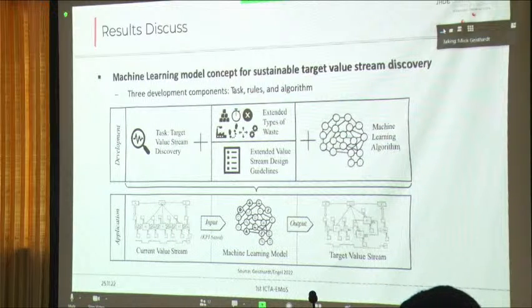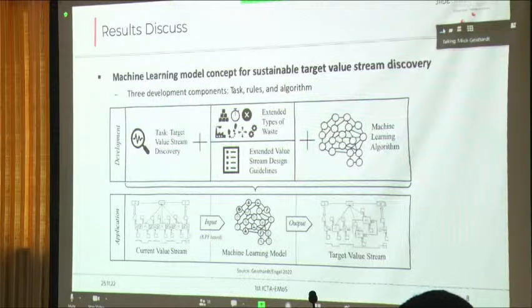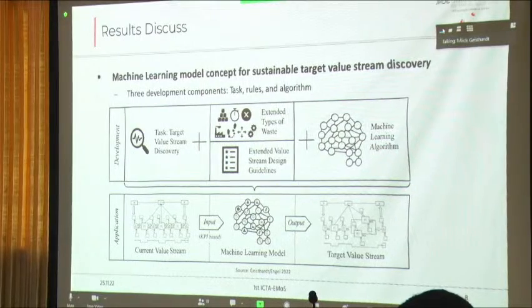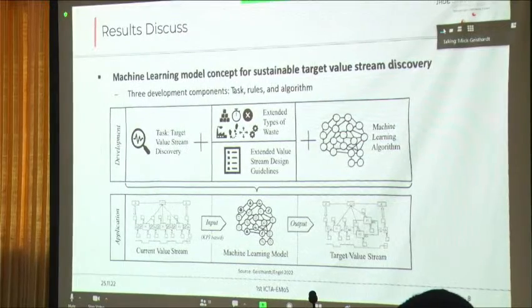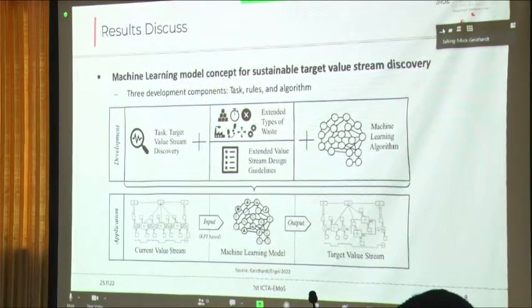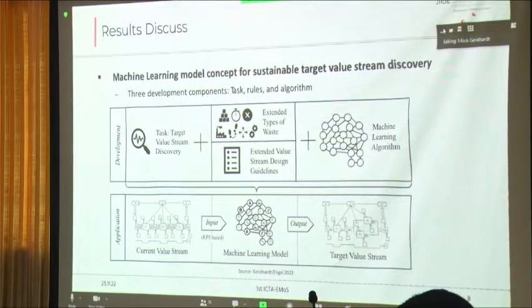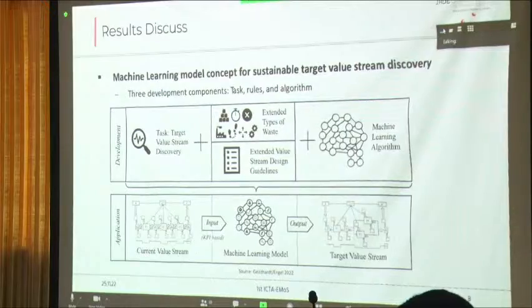Our task, the content task for the digital application, is to assist improvement teams in discovering waste optimized and sustainable target value streams towards the ideal state within the industrial environment, so specialized in the industry. And the focus hereby is on the methodological transformation process from KPIs of the current value stream to the target value stream.